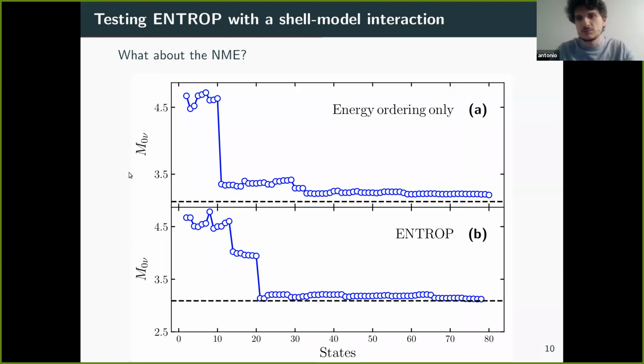It depends on a certain combination of those, so we really need to consider all of them. And there's also another problem: you can observe a plateau here and then a certain jump. So you need to really consider lots of these states to be confident that you have reached the full result.